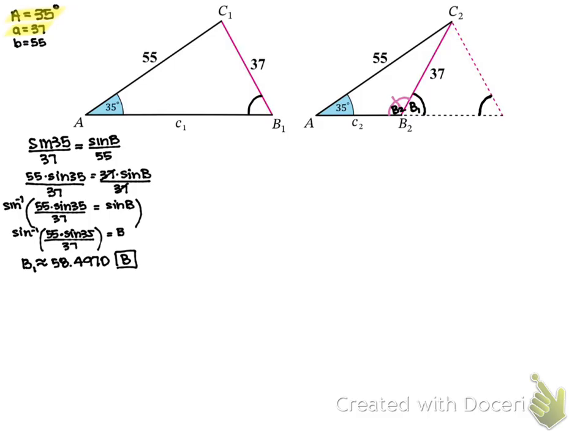So this is where that whole triangle sum will jump in your face and be like, no, you got a negative angle. This isn't going to work. So I am going to immediately go across, immediately, and I'm going to see if the second triangle has a chance. So B2 is going to be 180 minus B1.